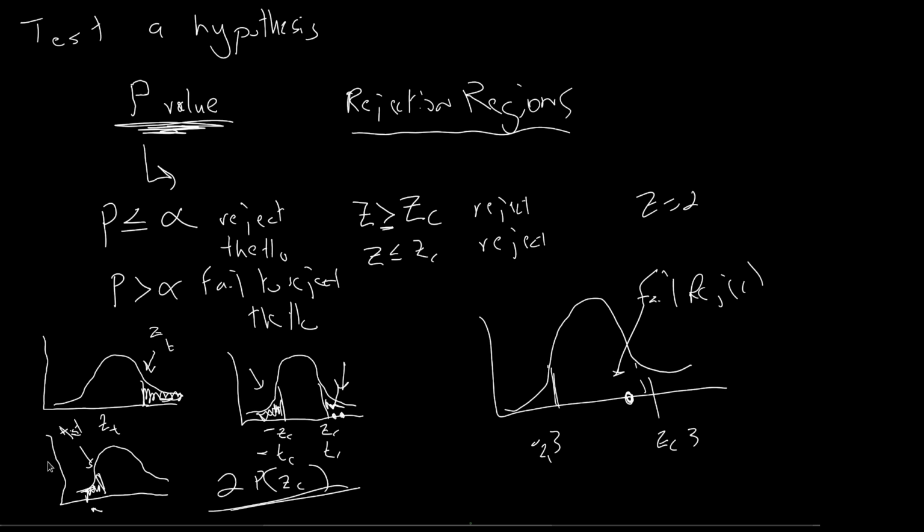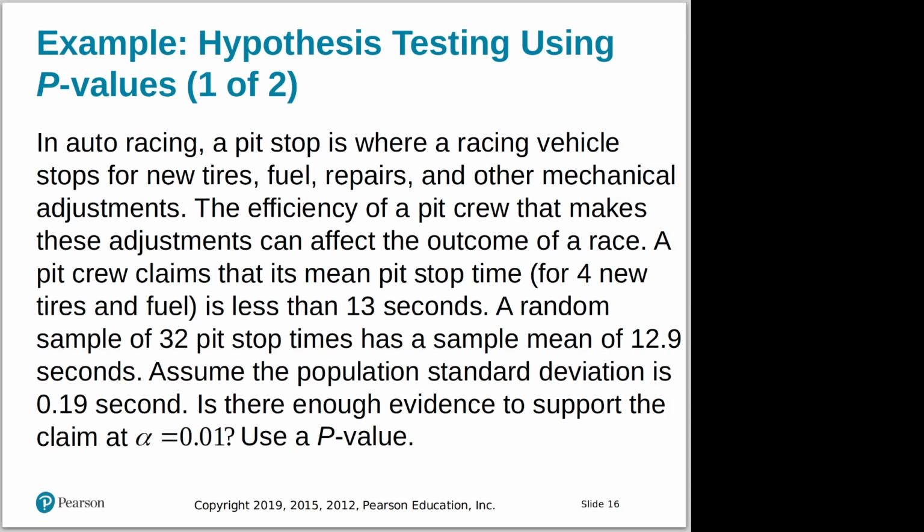So let's do this example here. Let me bring it up. In auto racing, a pit stop is where a racing vehicle stops for new tires. And there's an efficiency, and we can make a claim that the time it takes for tires and fuel is 13 seconds.